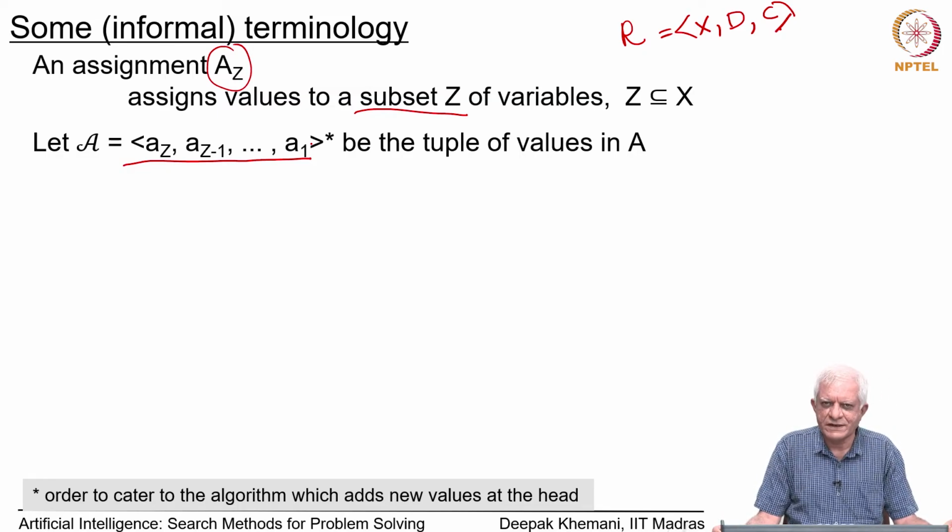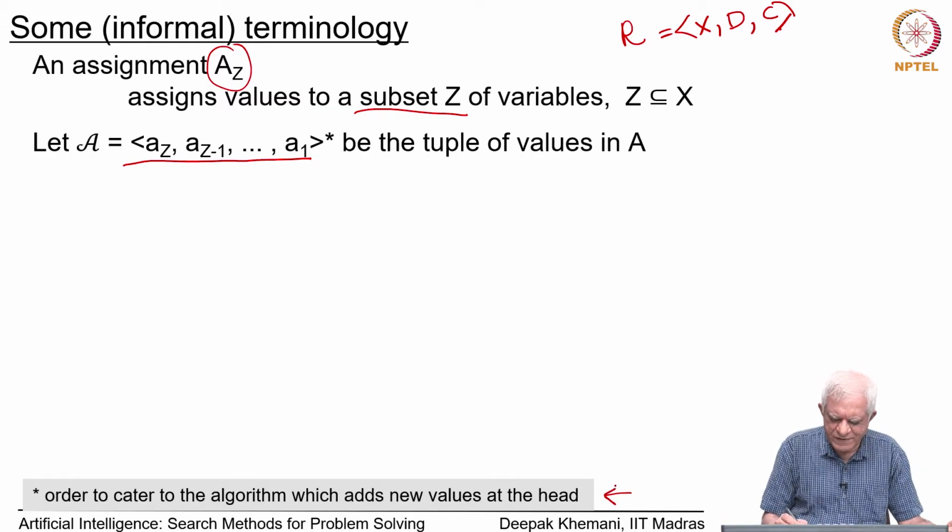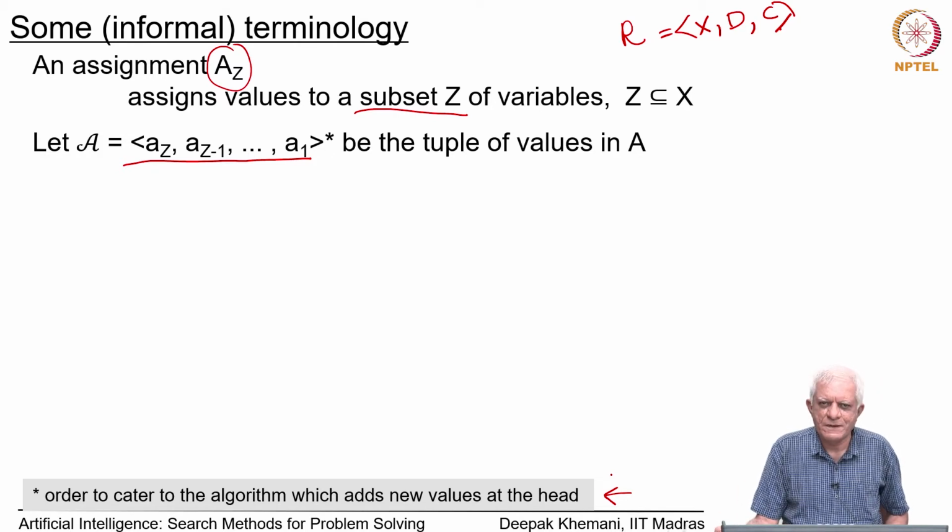Since we are looking at a set of Z variables, we have Z values in this vector, and we have written them in the reverse order simply because we will be adding the new values at the head of a list. We will be treating it as a list essentially. Otherwise, it has no significance. You could have written A1 to AZ, but this is just consistent with the algorithm that we will look at.